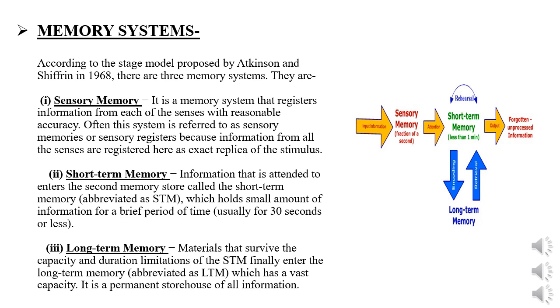The chunking method is dividing the information or the number into parts so that it comes under the capacity of the short-term memory. To remember a phone number, we can divide the number into three parts, that is 4, 4, 4, or we can divide the number into two parts, that is 5 and 5, so that it becomes possible to store that information for a longer period of time.